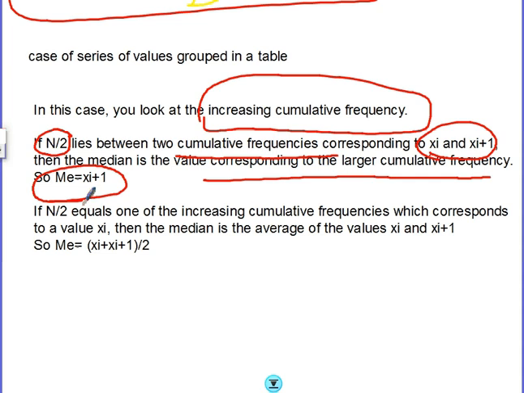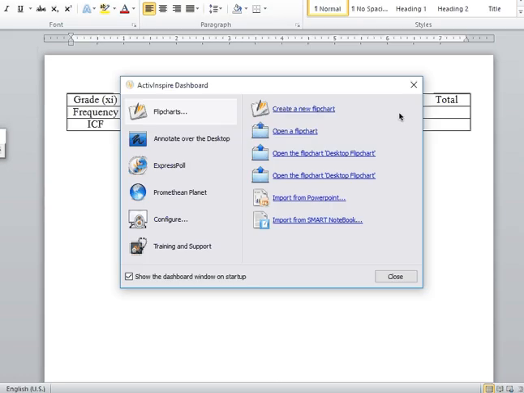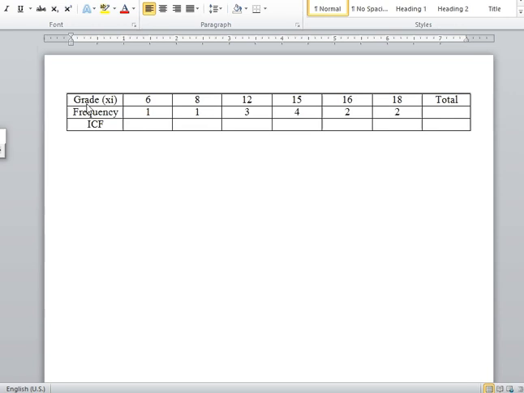Let's look at an example to just see what we mean by this. So let's say you have the grades, you are studying the grades. This is my characteristic xi. I have grades from 6 till 18.